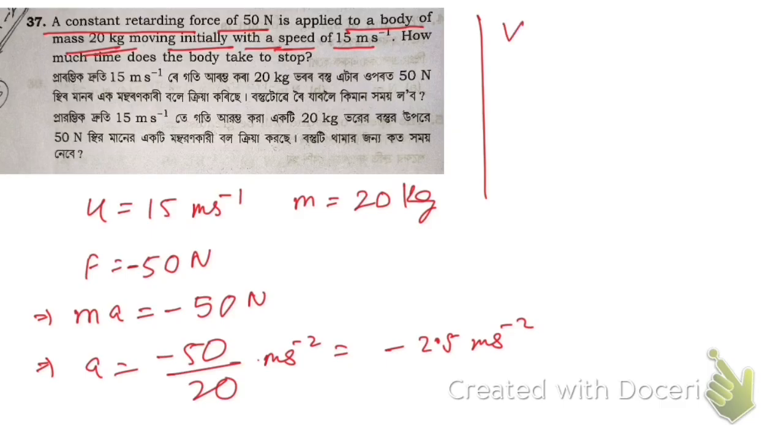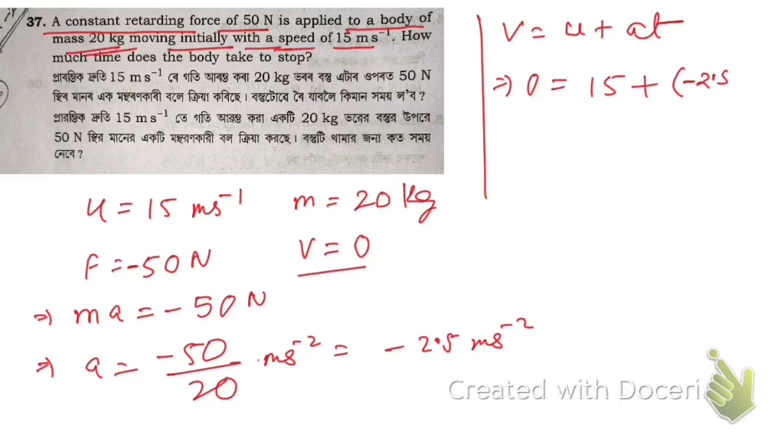We know that v is equal to u plus at. Now here we are to obtain the time when it will stop. So final velocity should be taken as 0, v should be taken as 0. So 0, u is 15 meter per second. Acceleration we have got minus 2.5. t is the unknown quantity that we need to find, that is time.